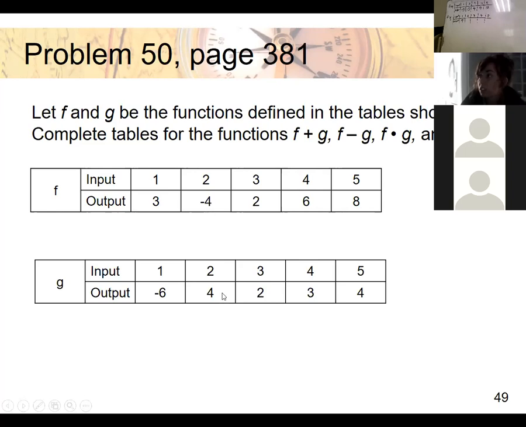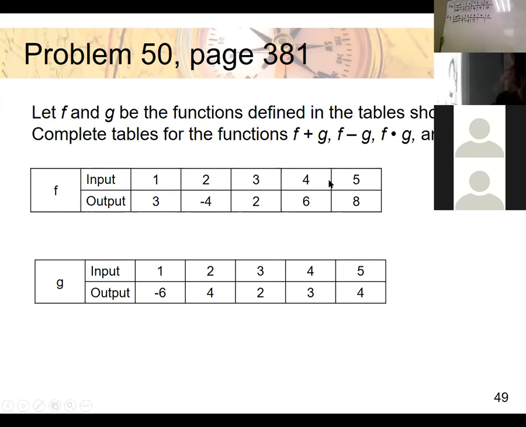Negative 4 minus 4, which is negative 8. And then for the input of 3, 2 minus 2, which is 0.